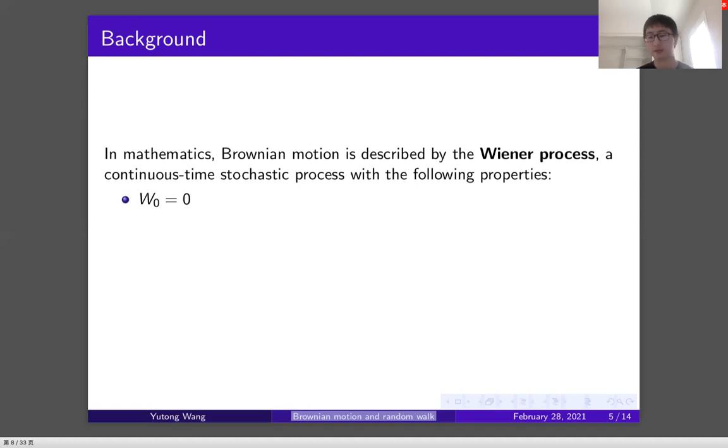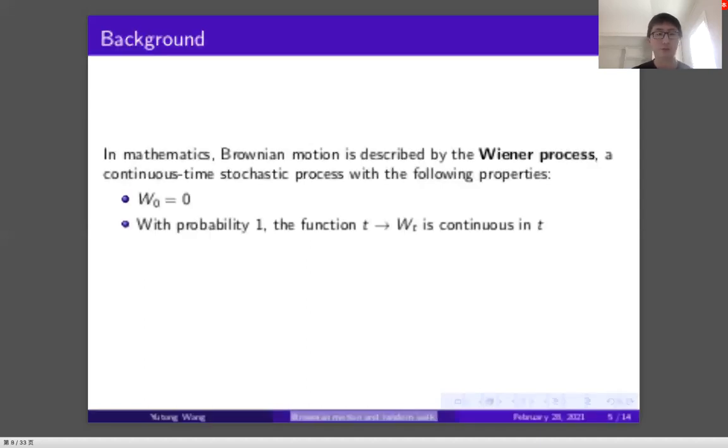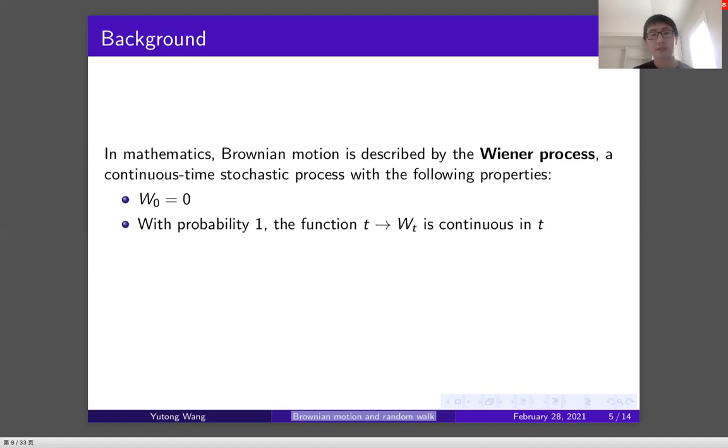So we denote W0 is equal to 0. The second property is that with probability 1, the function t can be continuous in all t, like the Wiener process. And the time t is continuous all the time.